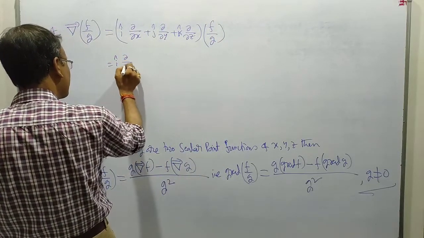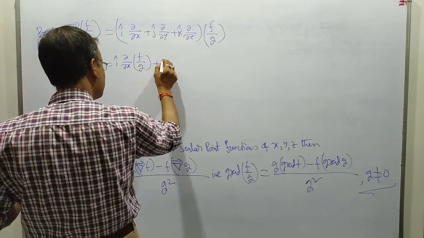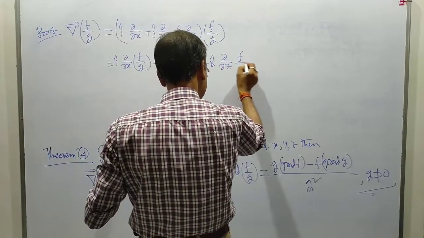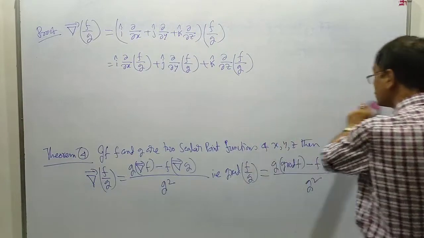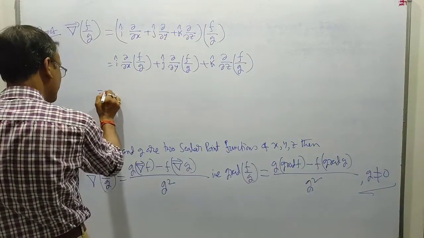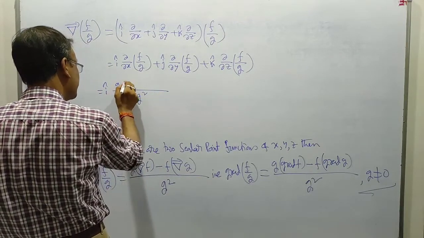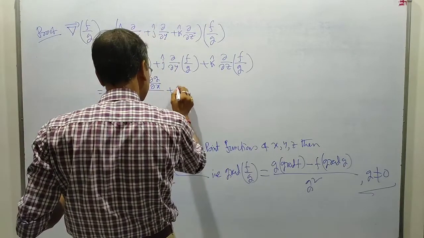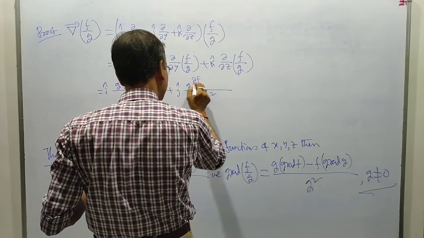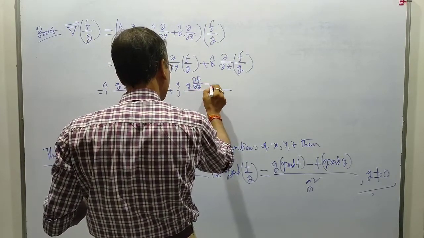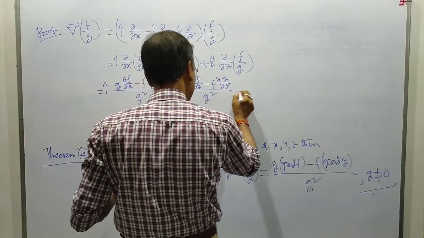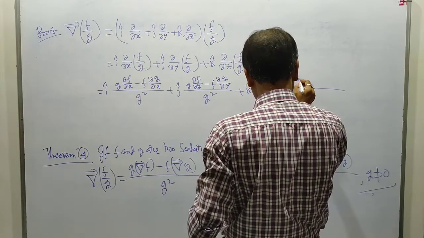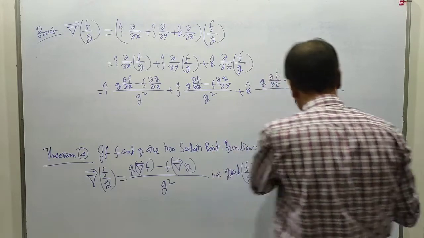This is equal to i cap (g ∂f/∂x minus f ∂g/∂x) over g square, plus j cap (g ∂f/∂y minus f ∂g/∂y) over g square, plus k cap (g ∂f/∂z minus f ∂g/∂z) over g square. You may write it in this way.